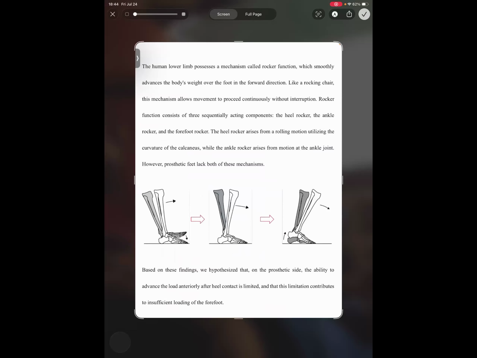I have a question about the word forward. AI translation recommended I use anterior. Which is correct?